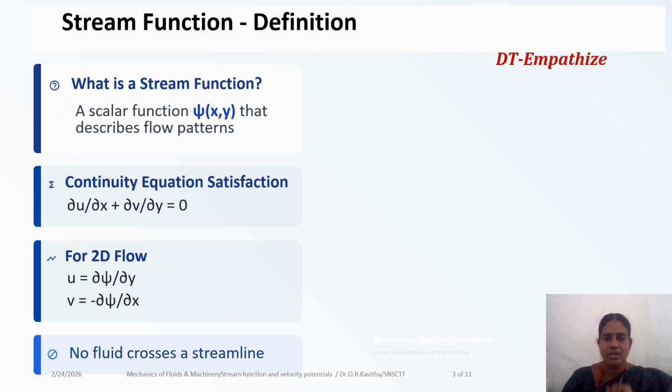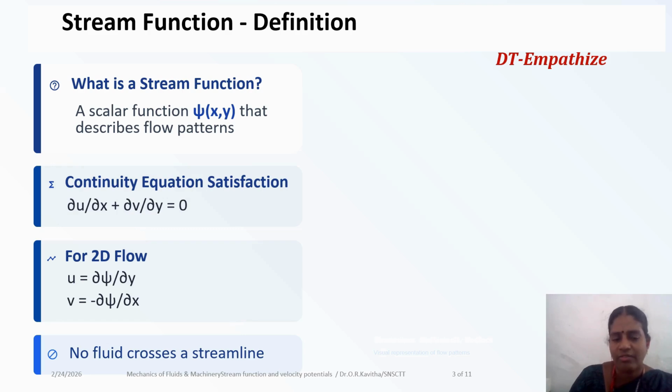So first you should know what a stream function is. It is a scalar quantity. I think you know what the meaning of a scalar quantity is. Here the continuity equation is satisfied, that is, ∂u/∂x plus ∂v/∂y equals 0. That is, the summation of the variation of velocity in the x and y directions is 0.